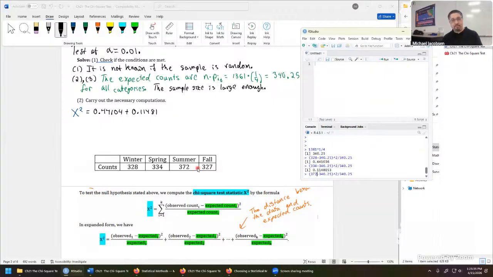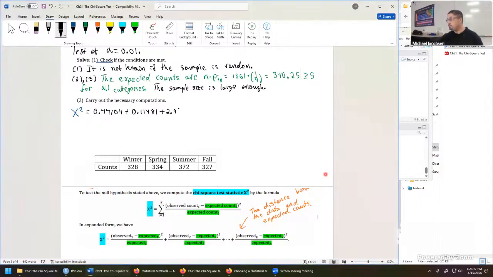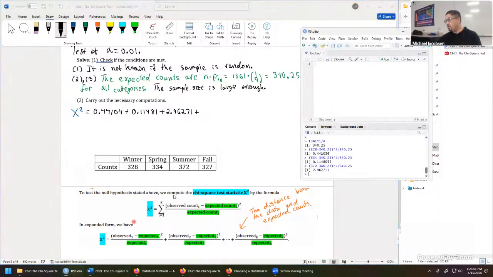This one's way off from 340.25, but we don't know if it's off enough for significant statistical evidence. Here's the value we get, 2.96271. And last one, change to 327. And it's 0.51598.